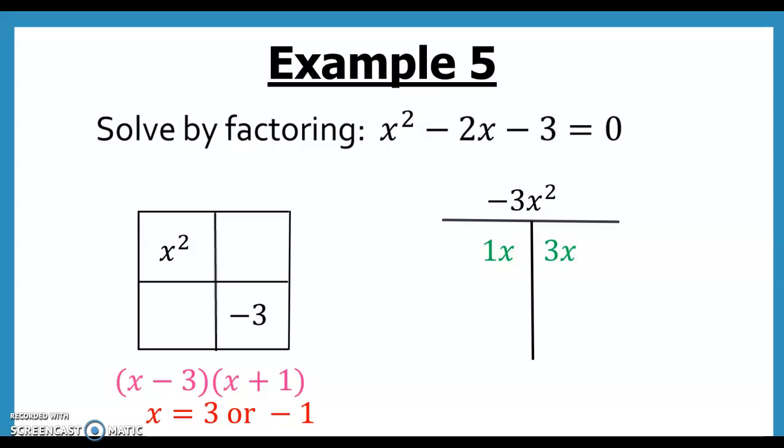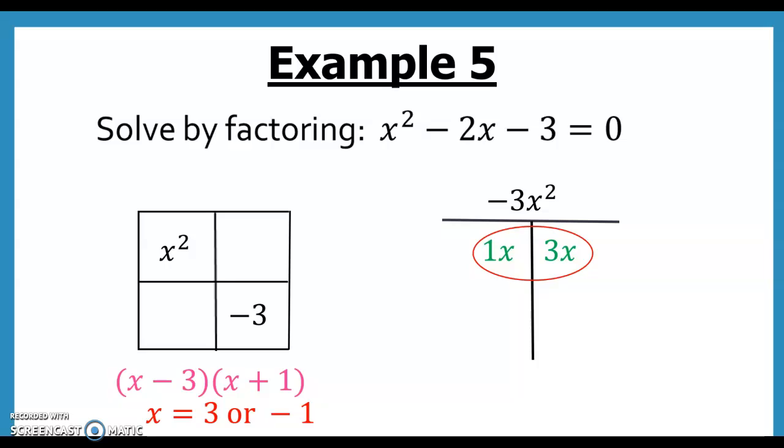So my last term is negative. So the only way, remember I'm multiplying 1 times 3 to get to 3. So the only way that I can get negative 3 is if one or the other of them is negative. Because remember, a negative times a positive is a negative. So, but then I also have to worry about which one, when I add or subtract them, gives me negative 2. Well, I know I'm going to use these two numbers.